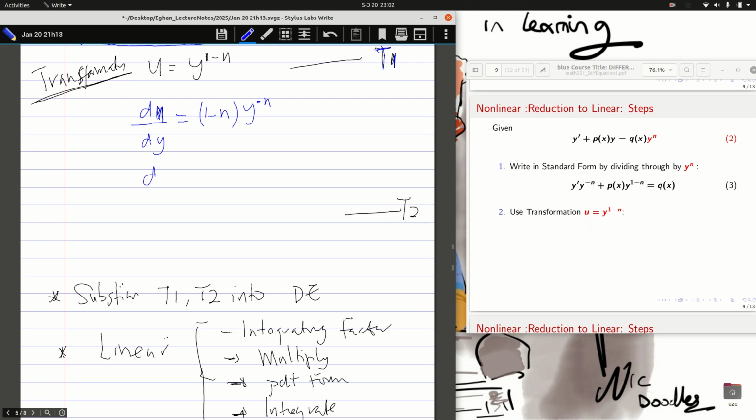This means that my du is 1 minus n times y to the negative n dy. This is the same as u prime being equated to 1 minus n times y to the negative n times y prime, and that is my equation t2. This is as if you've done implicit differentiation.